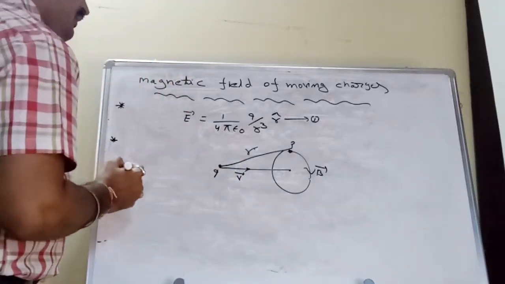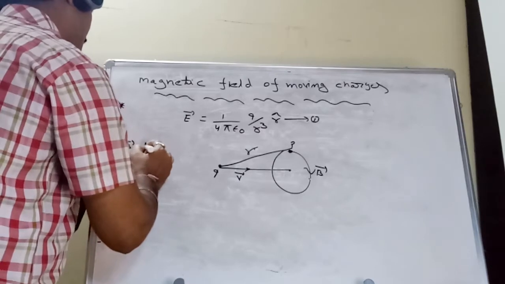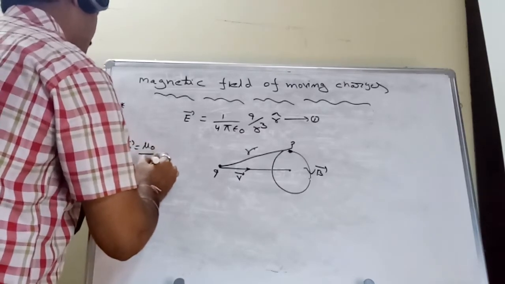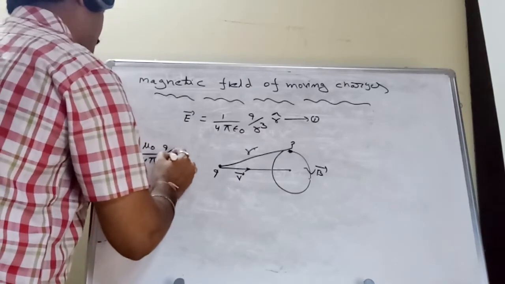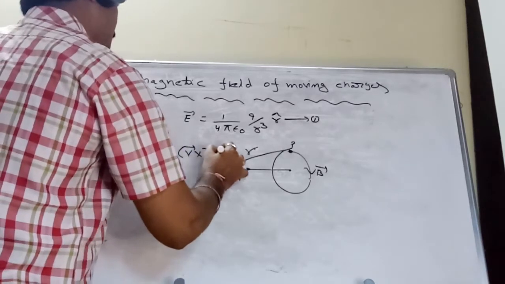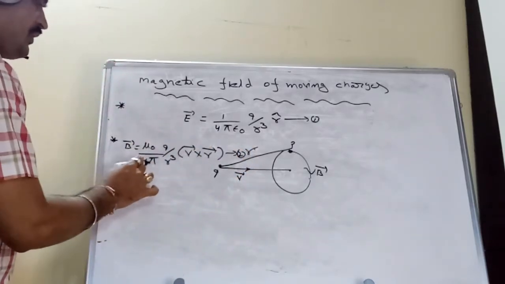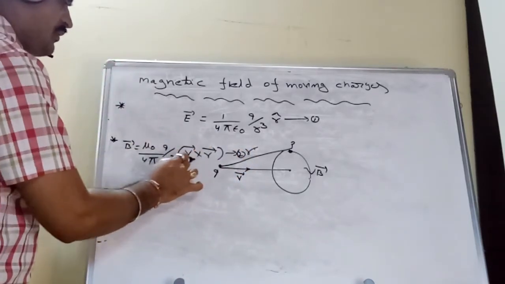So B bar equal to mu naught by 4 pi, q by r cube into v bar cross r bar. This is the second equation.